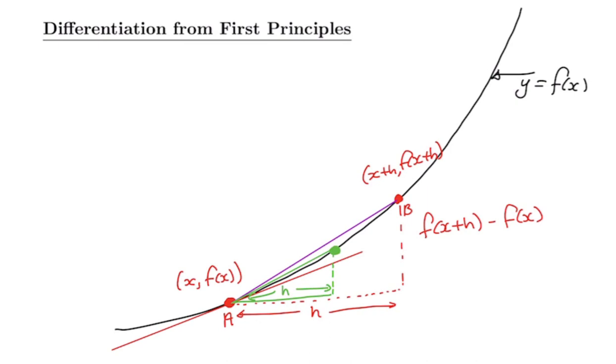In order to make it better, I could move the point closer to A. In other words, I'm making the value for h smaller and smaller and smaller to the point where it's so small that it's almost touching A. And in maths, we say that what's happening there is h is tending to 0. It doesn't become 0, but it tends to 0.